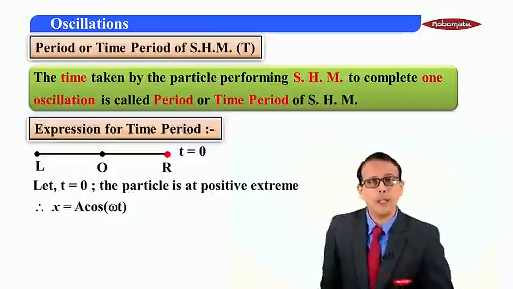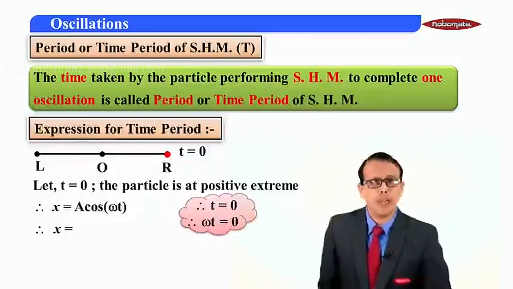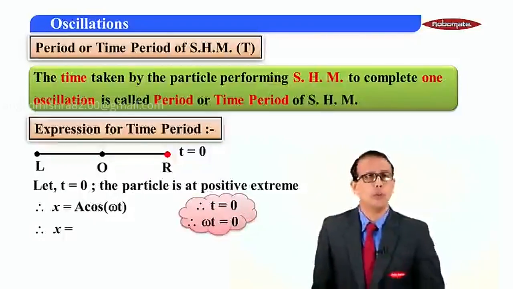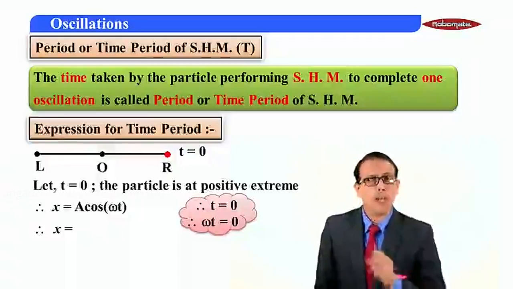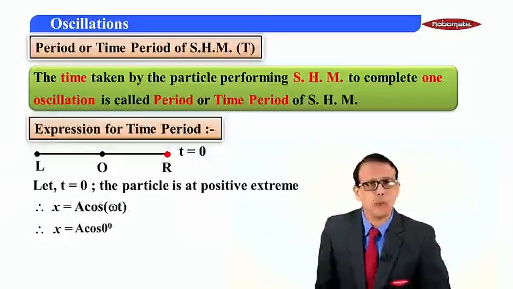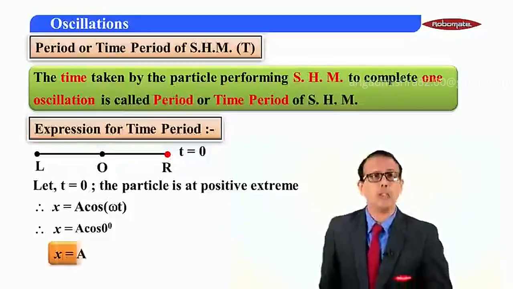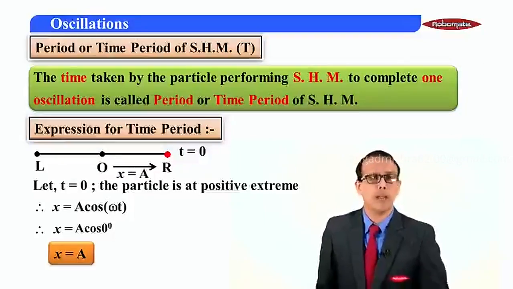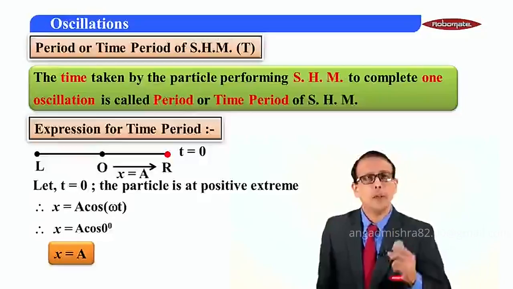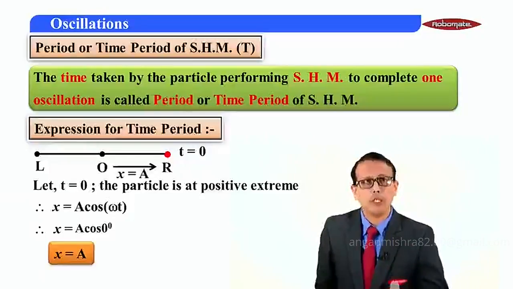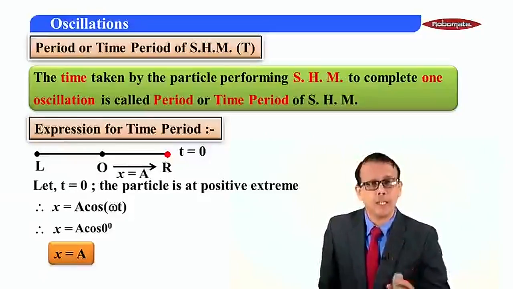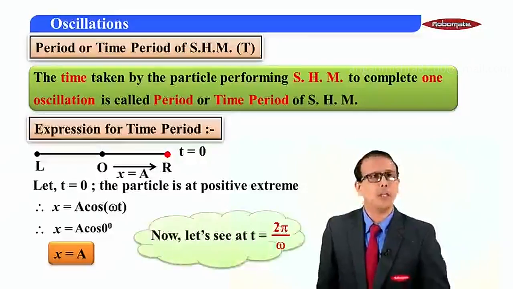Now, at t is equal to 0, I can write omega t is also 0. Therefore, our right hand side becomes x is equal to a cos 0. Cos 0 is 1 and hence students x is equal to a. That means at t is equal to 0 students, particle is at the right extreme, that is x is equal to a.